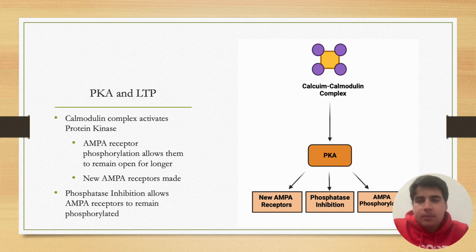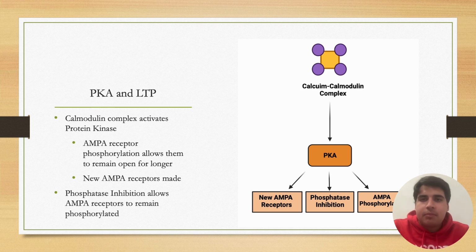One of the most important pathways for long-term potentiation involves protein kinase A, or PKA. After calcium ions rush into the cell through the activated NMDA receptors, 4 of the calcium ions bind to calmodulin to form an activated calcium calmodulin complex, which activates PKA, and protein kinase A has a wide variety of functions.